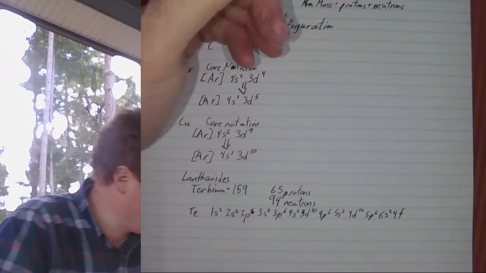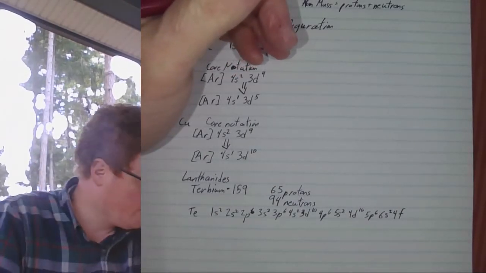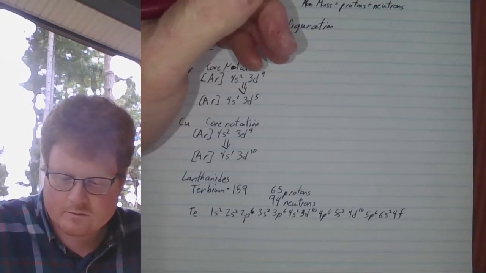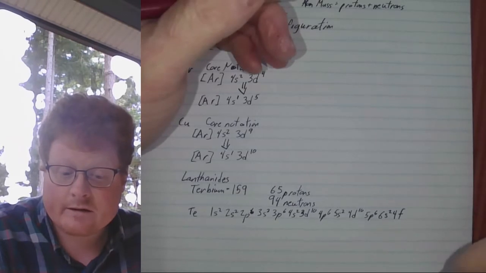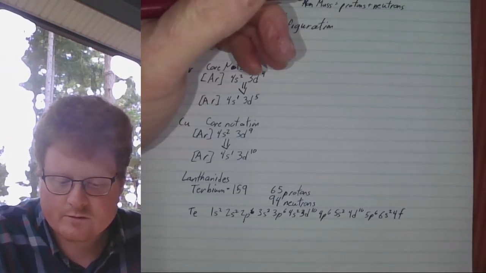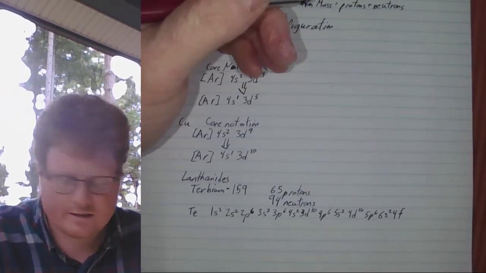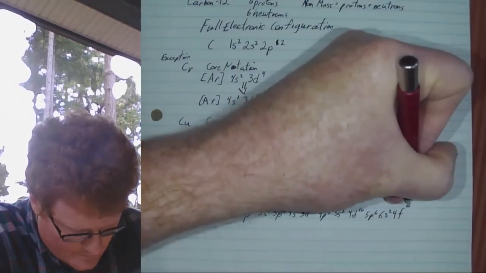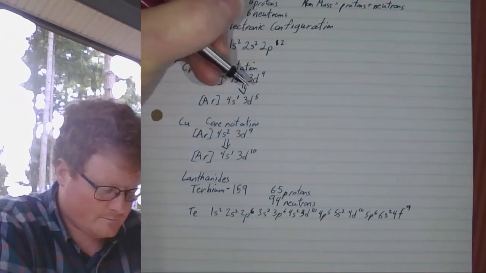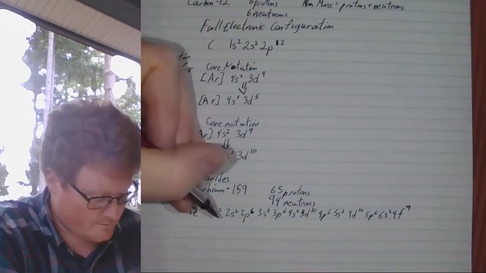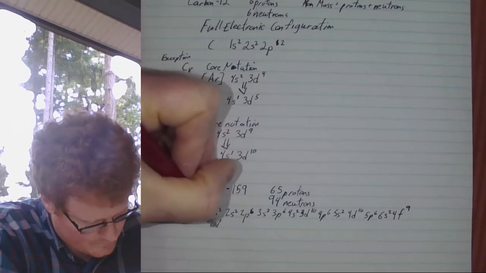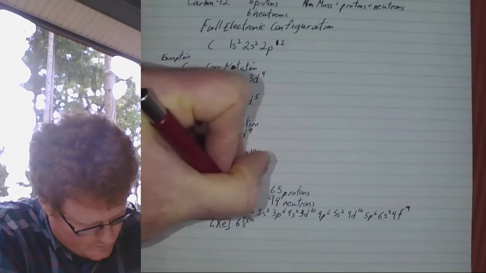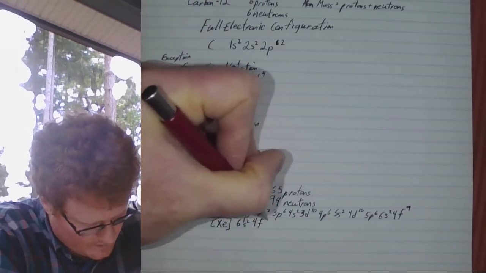So count over how many there are. Well, the key is counting lanthanides: 1, 2, 3, 4, 5, 6, 7, 8, 9. 4f9. Crazy. Core notation: I said xenon. 6s2, 4f9.